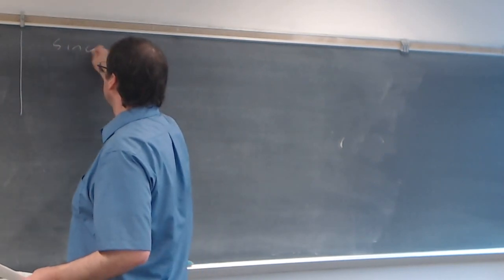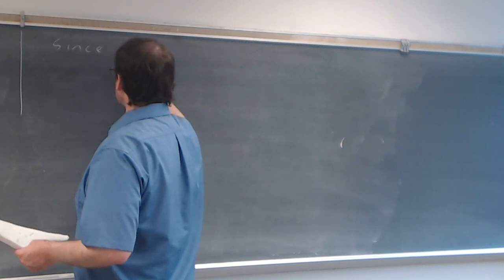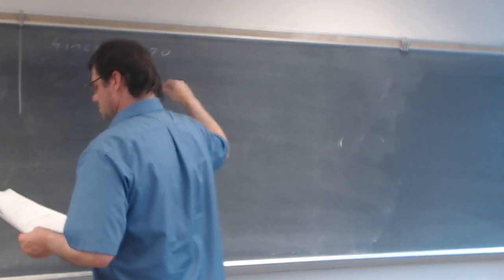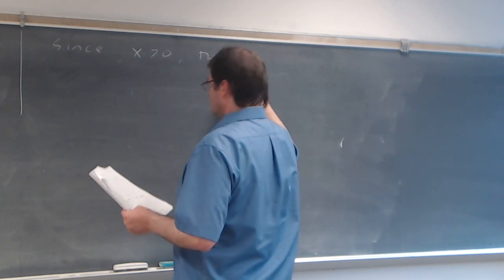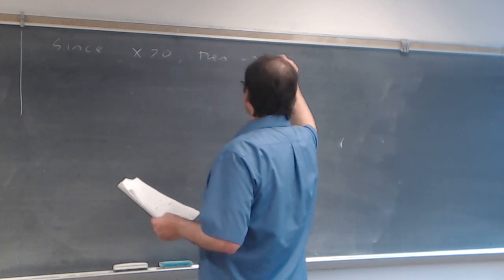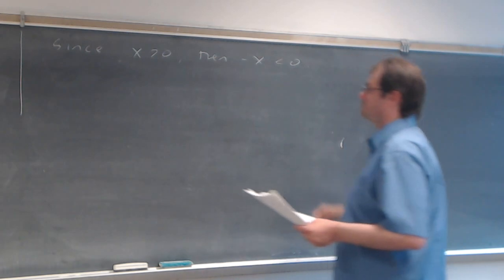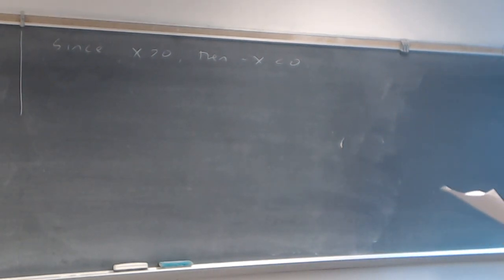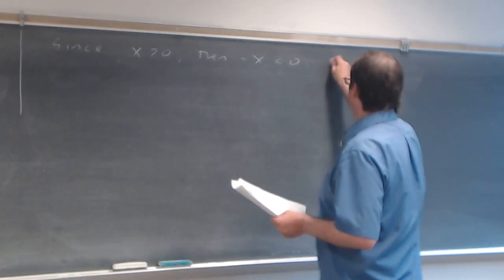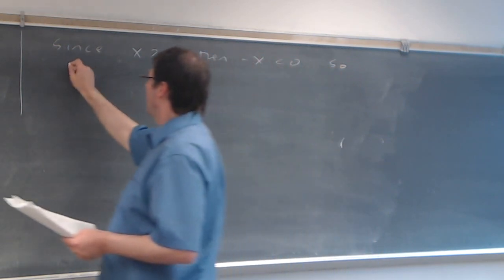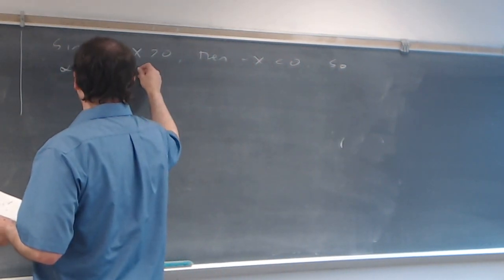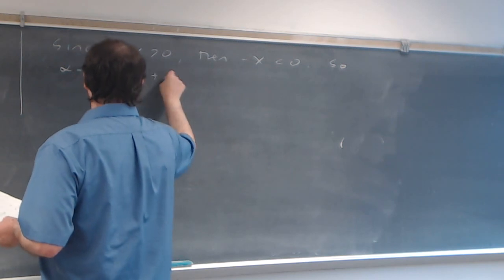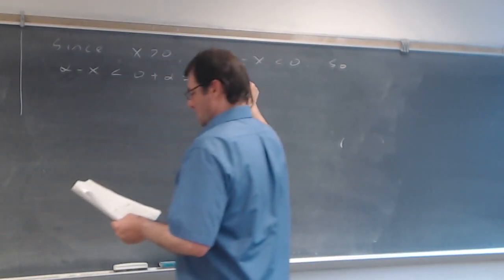Well, since x is greater than 0, then minus x is less than 0. So what we have is alpha minus x is less than 0 plus alpha, which equals alpha.